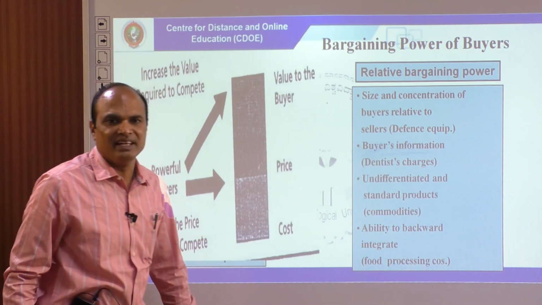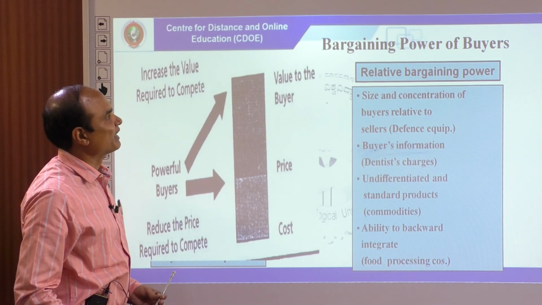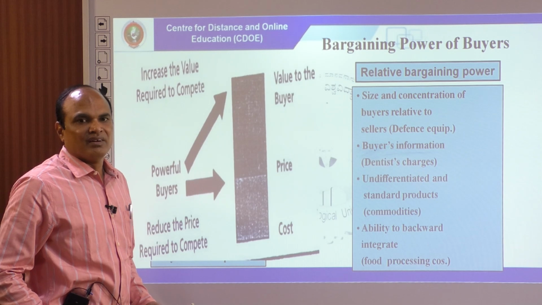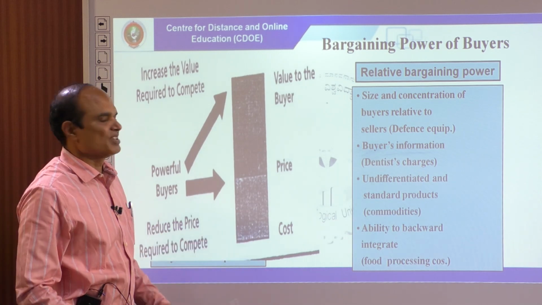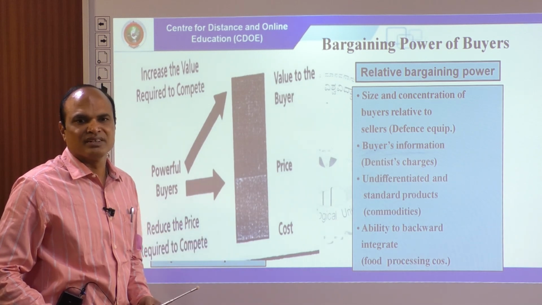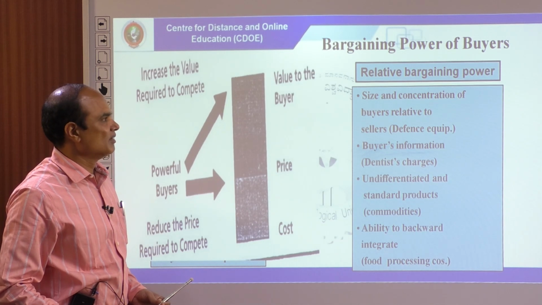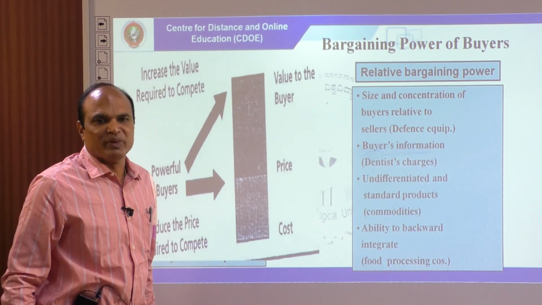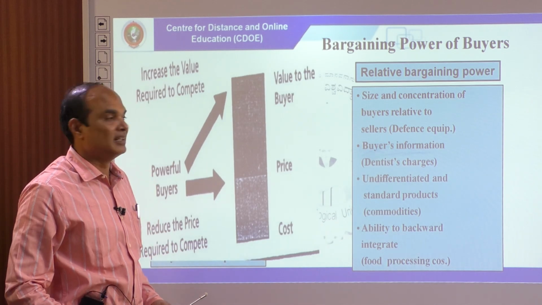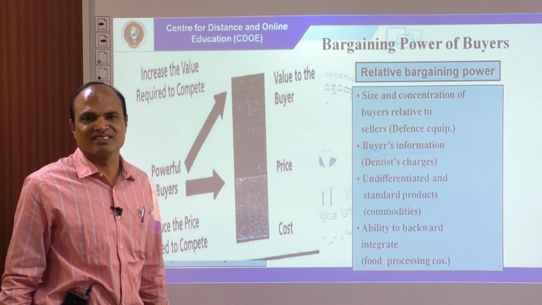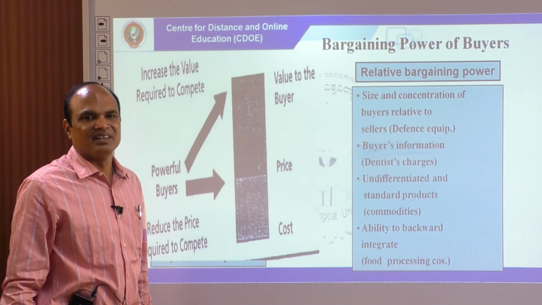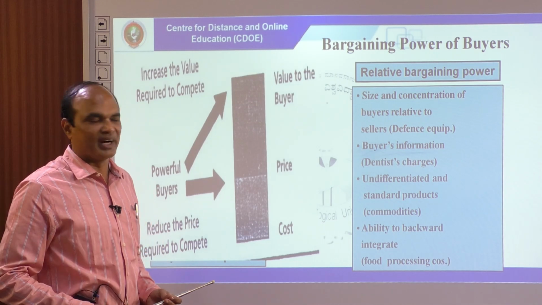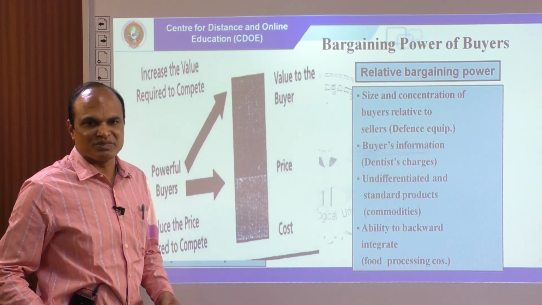So what are the factors pertaining to the bargaining power of buyers? The first one is the size and concentration of buyers relative to sellers. If you take defense equipment, there are more buyers than sellers, companies like Lockheed Martin, Dassault Systems and all.